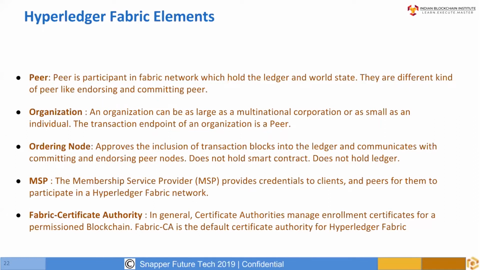Fabric CA can be used for a production-ready application. But for development purposes, we use Cryptogen, a certificate generating tool, to generate certificates for the participants in the network. Basically, certificates are just your public and private key to participate in the network and do transactions.